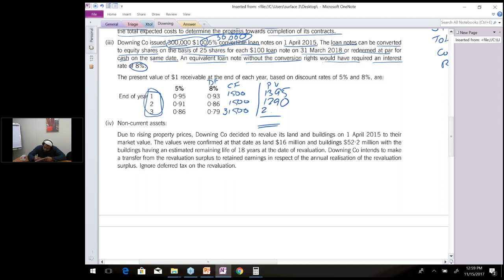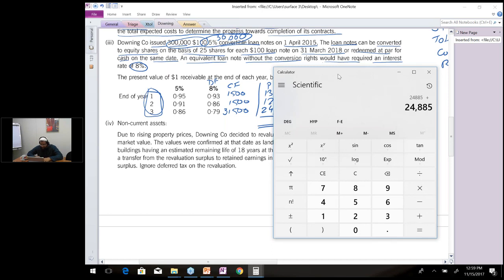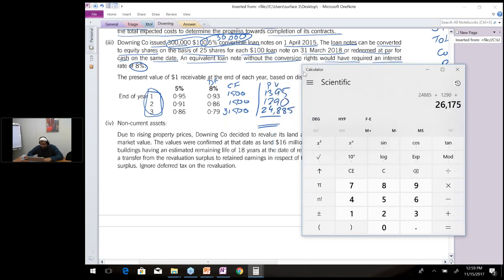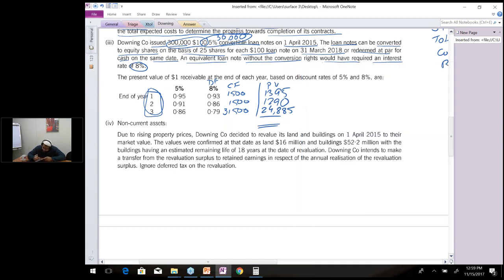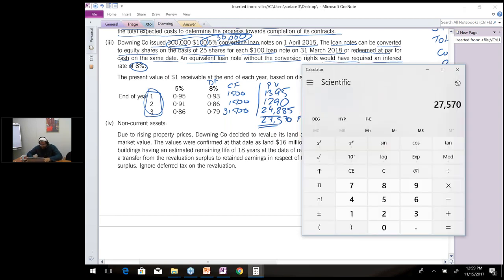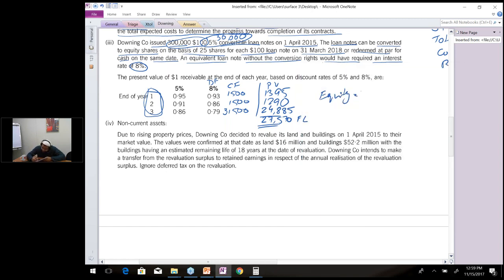Now if we calculate the total, it is going to be 24,885 plus 1,290 plus 1,395, which is 27,570. So this is the liability, and the remaining amount is going to be the equity. So 30,000 minus 27,570 is going to give us 2,430.